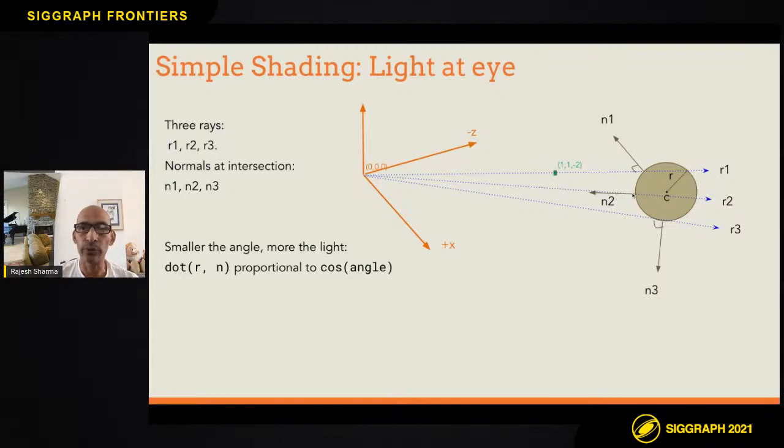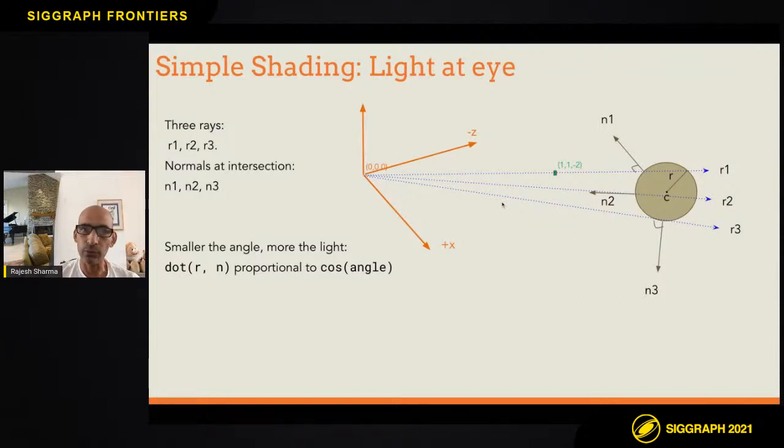So if you get the value of 1 here and 0 over here, there will be almost no contribution, and as you increase or decrease the angle, you would have full lighting over here, and then slightly diffused all the way around. So that's the mechanism we use for shading, and this is diffuse shading.